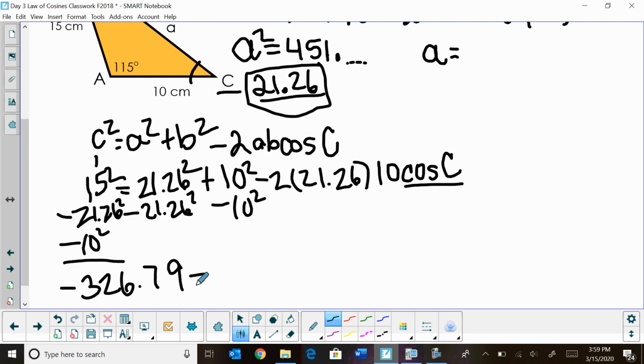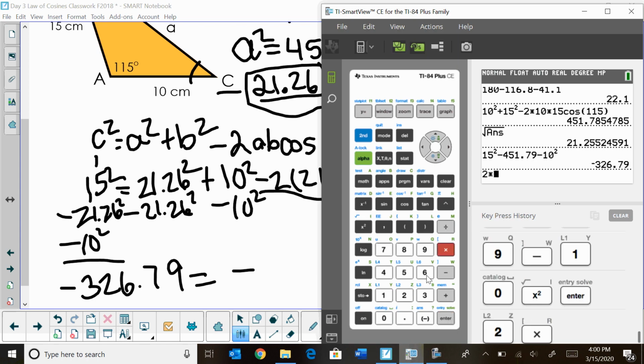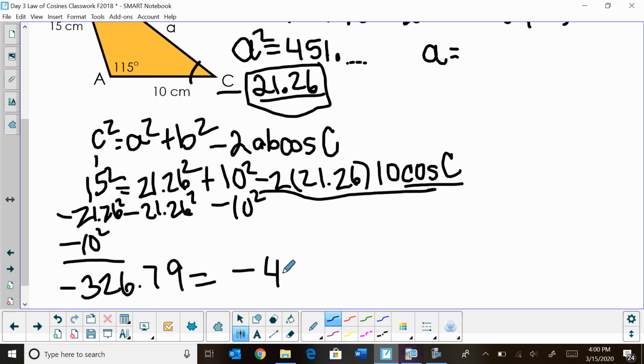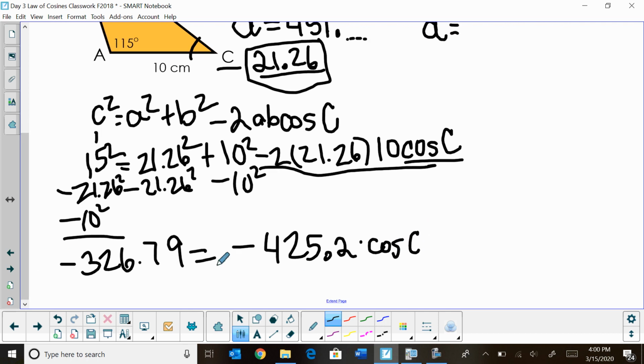Okay, and that's equal to all this stuff that's left. Well, we know it's negative, and I've got to multiply 2 times 21.26 times 10. So let's grab our calculator and do 2 times 21.26 times 10. And that's 425.2. And that's the coefficient of cosine C. So divide both sides by that coefficient.